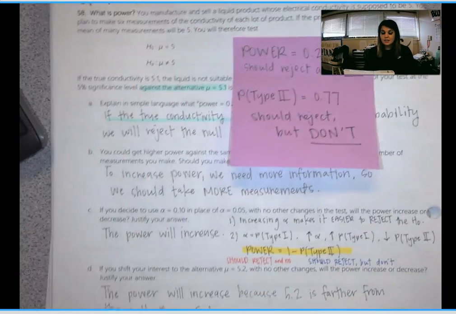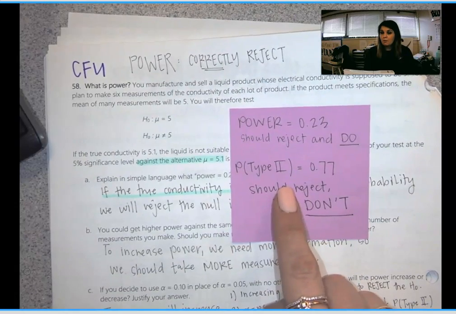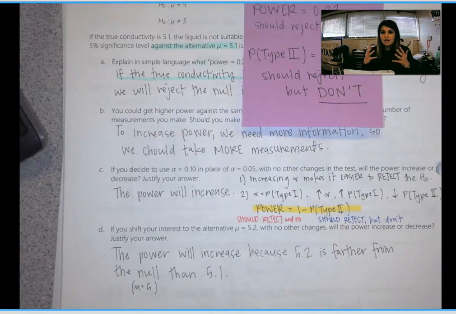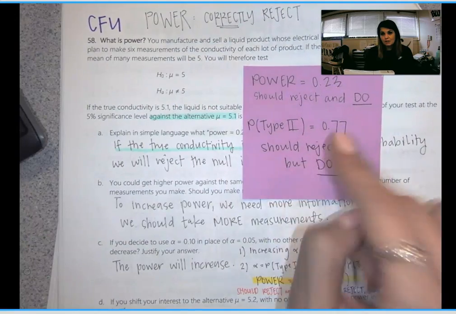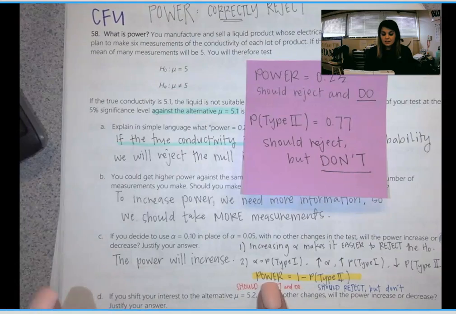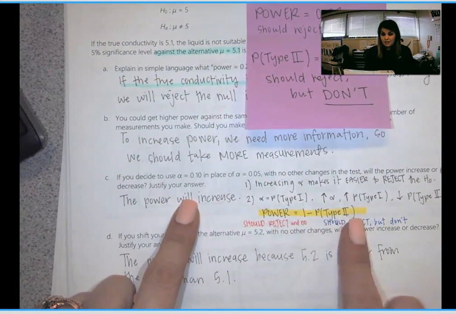So for instance, if they said your power is 23%, what's the probability you're going to make a type 2 error? You don't have to understand how they're related to say, oh, well, I know it's 1 minus this, and get 0.77. So the takeaway for part C is power increases when you increase alpha, and this relationship.